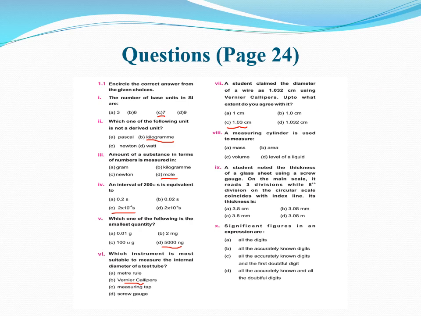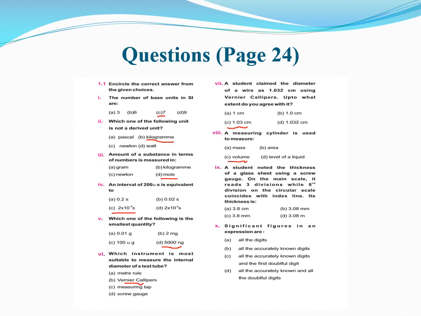Part 8. A measuring cylinder is used to measure volume. Next, number 9. A student noted the thickness of a glass sheet using a screw gauge. On the main scale, it reads 3 divisions, while the 8th division on the circular scale coincides with the index line. Its thickness is, what is the result?